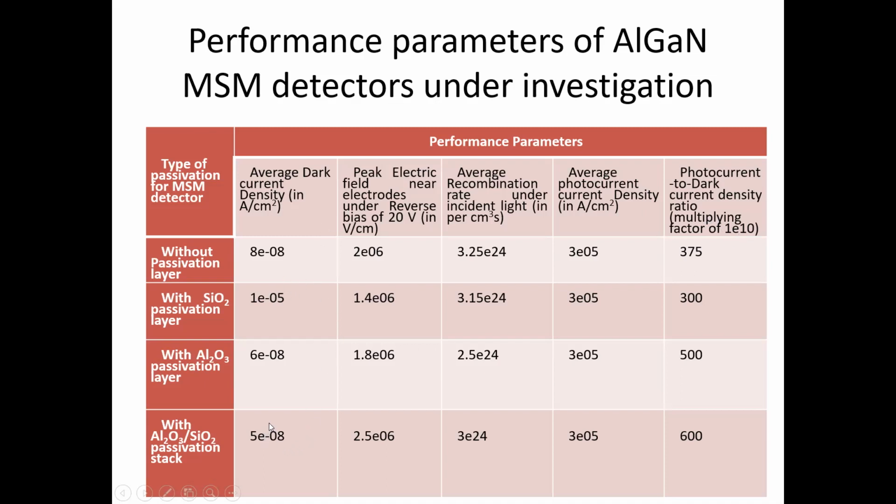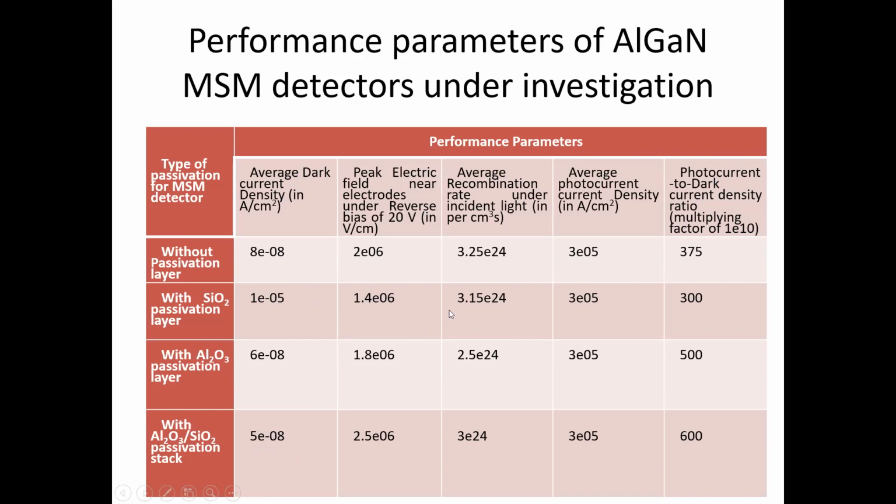Here we can see that the highest value of photocurrent to dark current density ratio is with the passivation stack layer, which is 600, and the lowest dark current, because we are minimizing the surface states of the detector, due to which the dark current density can be reduced, coming out to be 5 into 10 to the minus 8 amperes per centimeter square.